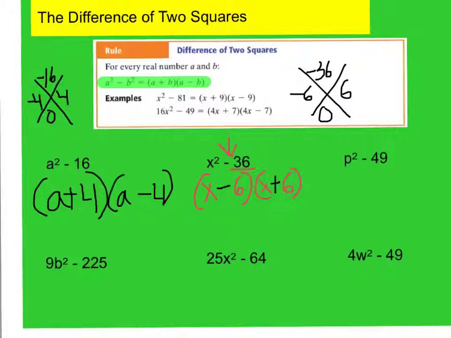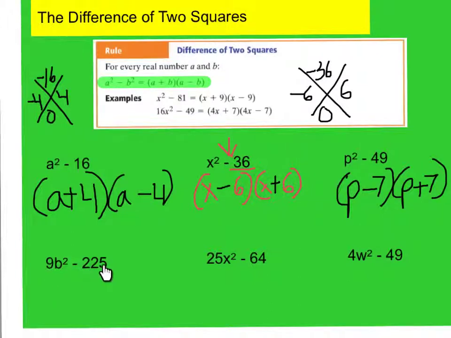And that's my answer. Feel free, how about you try this one, p squared minus 49. Try that yourself. So hit pause and try that one yourself. Hopefully you got p minus 7 and p plus 7, because negative 7 multiplied by 7 is negative 49, and if you add them together you get 0.